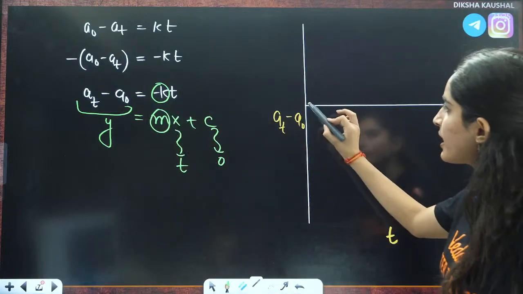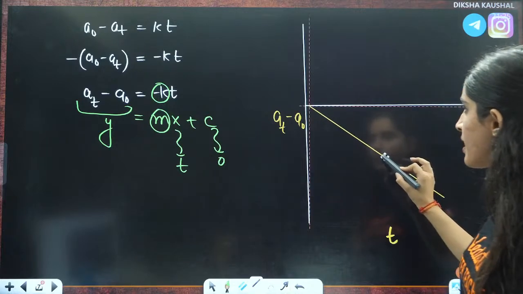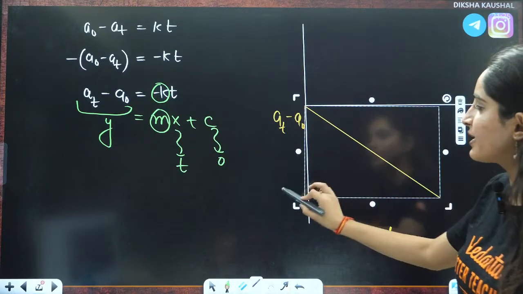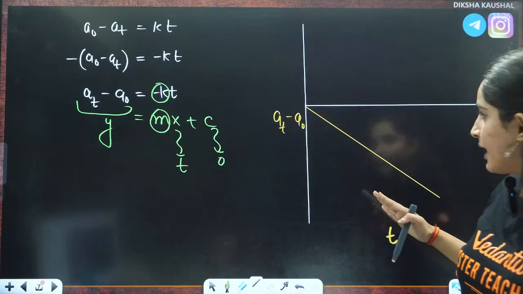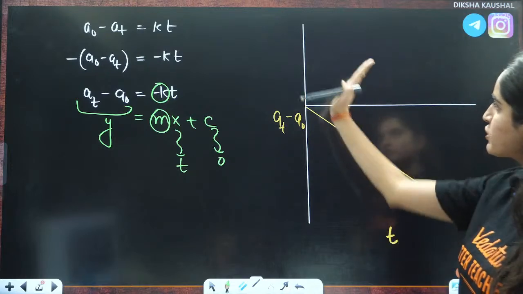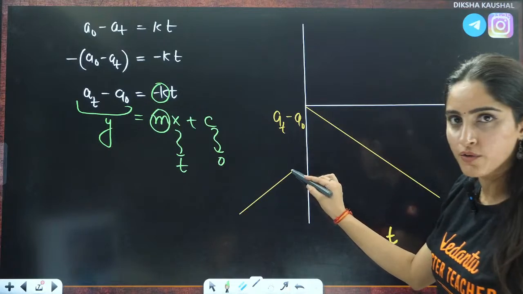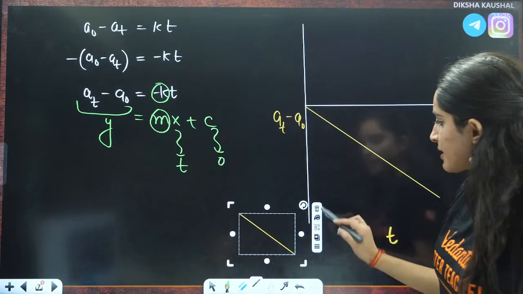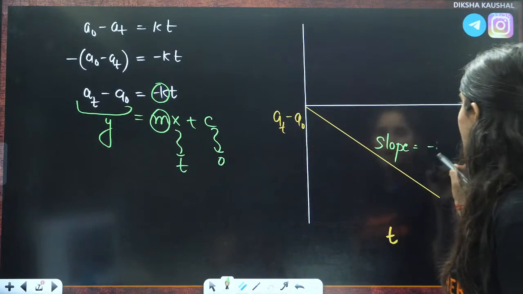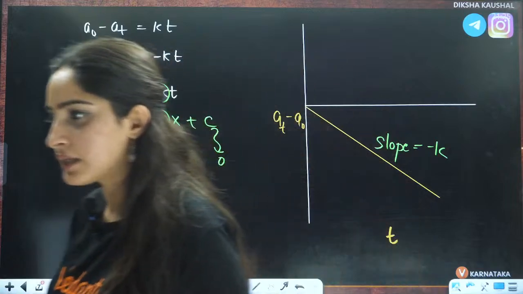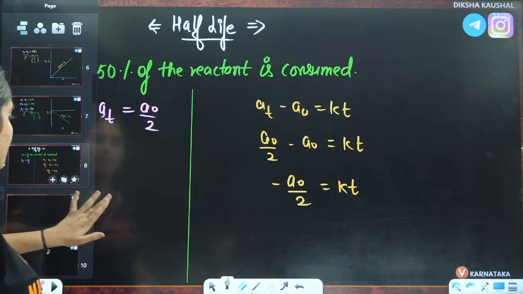So here the slope is negative, going downside, starting from the origin. If it is going upside, it is a positive slope. Downside it is a negative slope. So now it is a negative slope, equal to minus k. Now that was about the graphs.